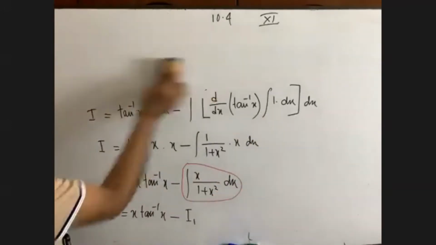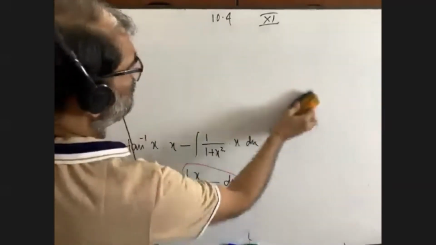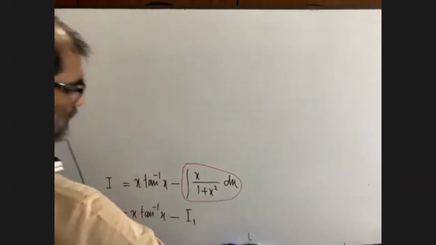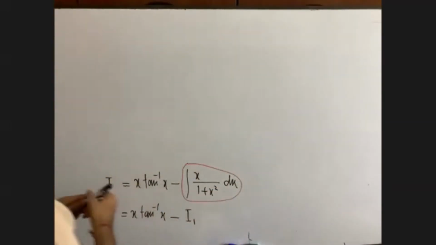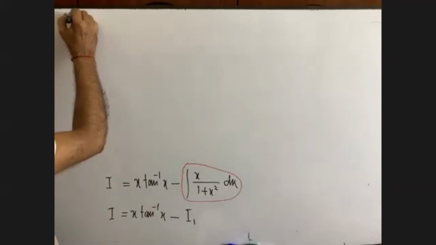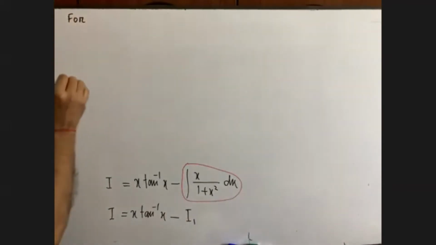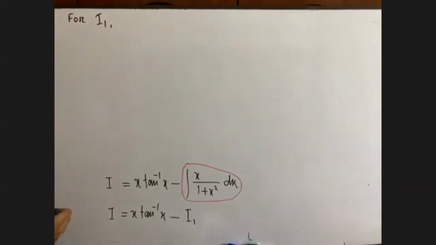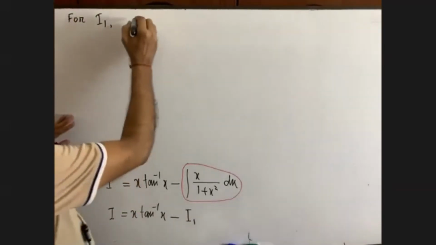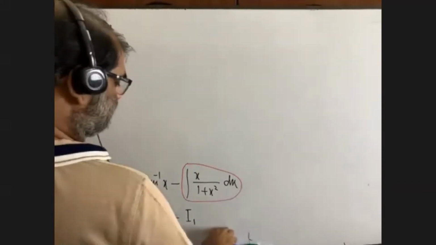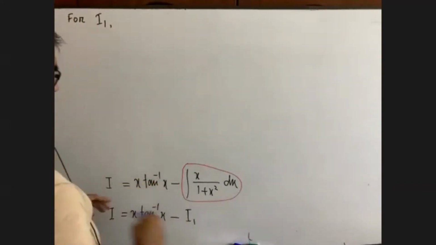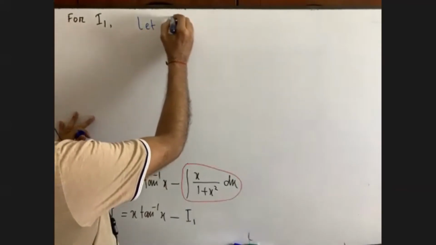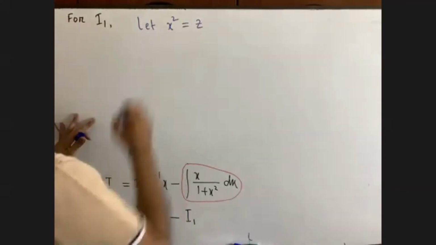In exercise 10.3, you did a lot of maths on this. You see, what are those maths? Write down for I1. Let x square equals to z.